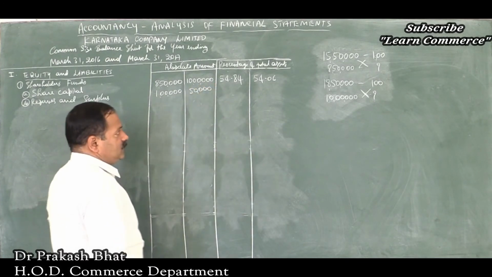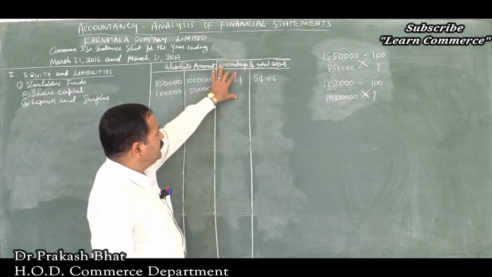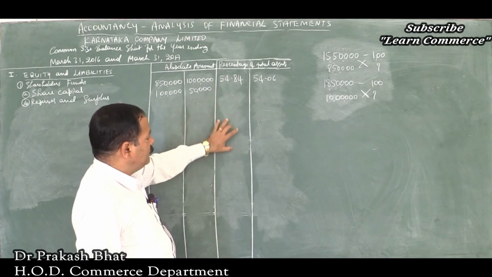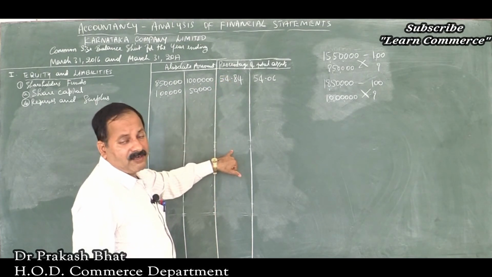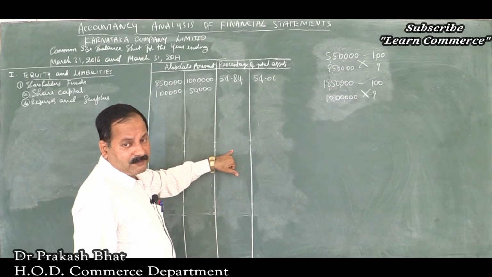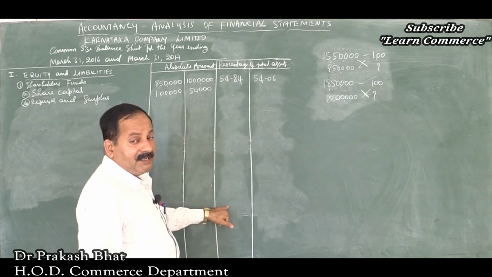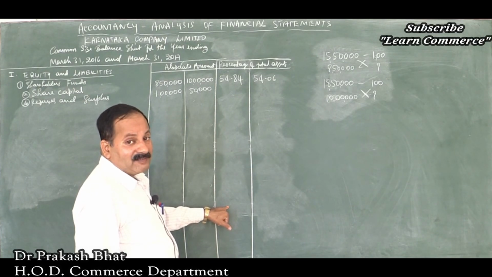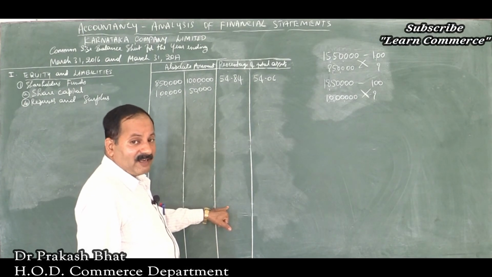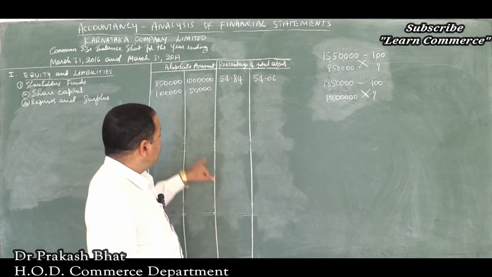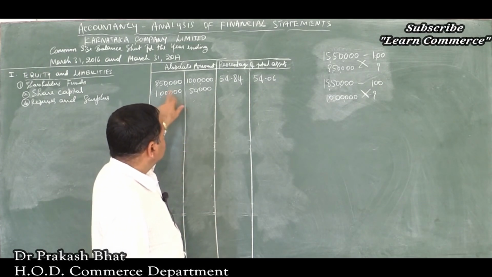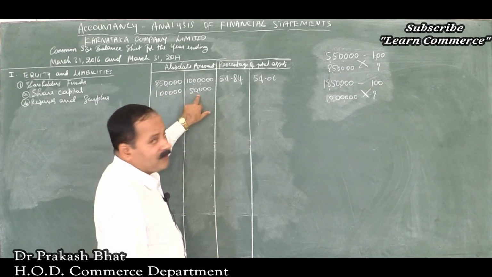See friends, here in common size statement we are taking the percentage like this and we will make it equal to 100, right? We are moving like this vertically, so it is vertical statement analysis. Common size statement is also called vertical analysis, correct? And in comparative statement, we will compare this with this and we will see how much is the increase.